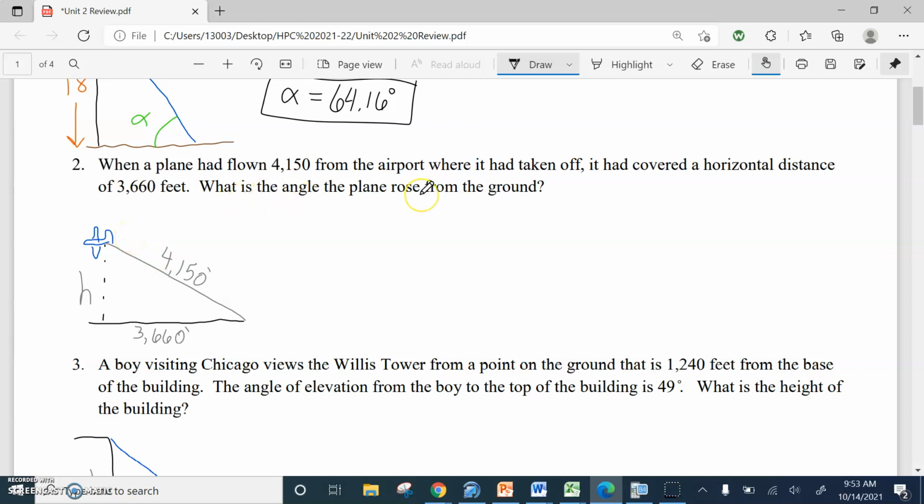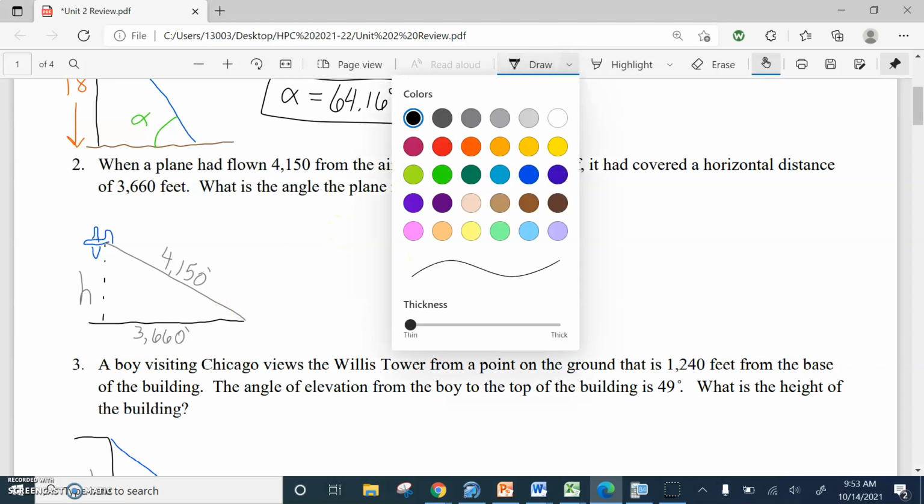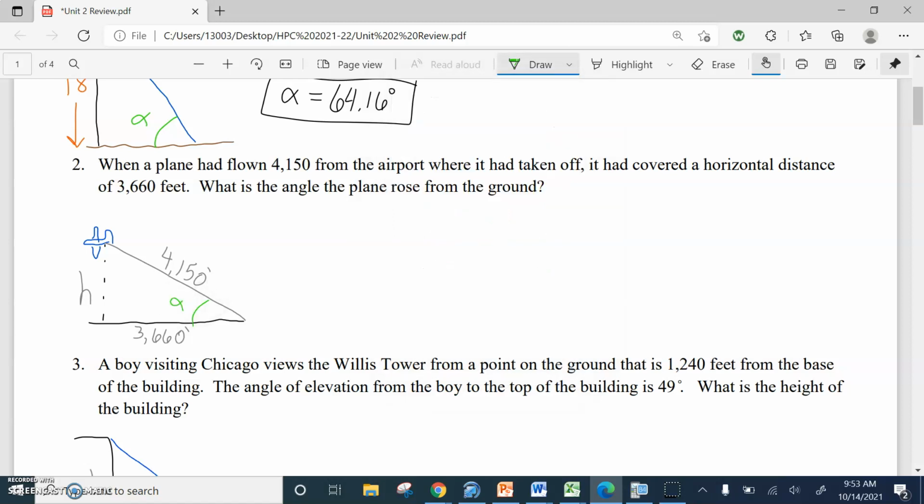It asks, what is the angle the plane rose from the ground? That's just a weird way of saying it, but we're asking for this angle right here. Again, I use alpha. It's easier on my touch screen to draw that than the theta symbol. So we're trying to find that angle in question 2.